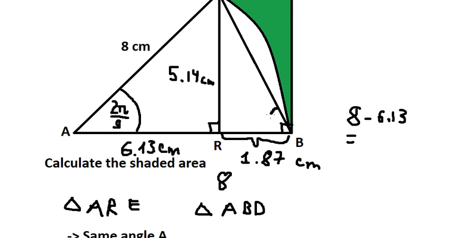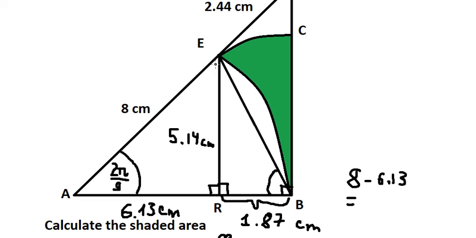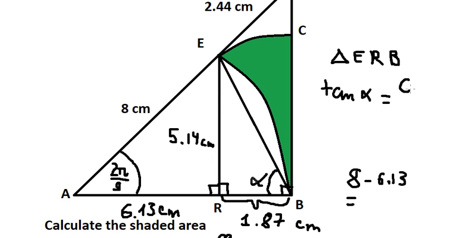Now we want to find this angle in here. So we know this is the right angle in here on the triangle ERB. So we can use alpha in here. That should be tan alpha. We have opposite divided by adjacent.